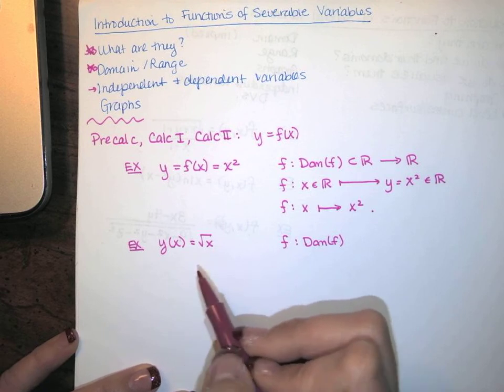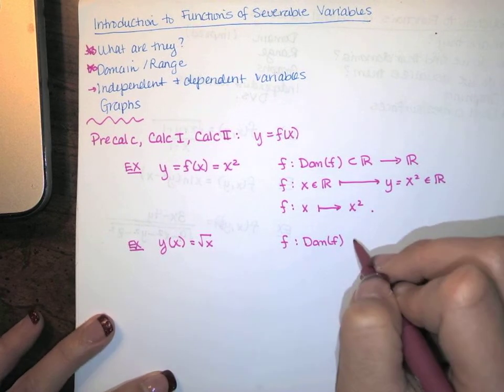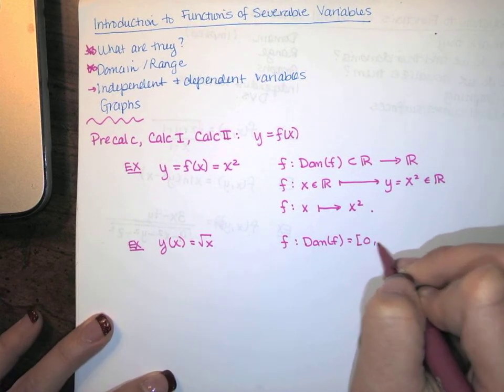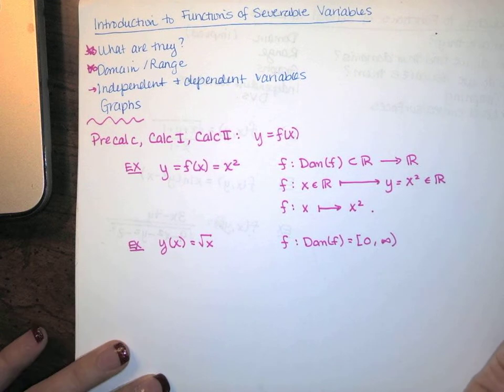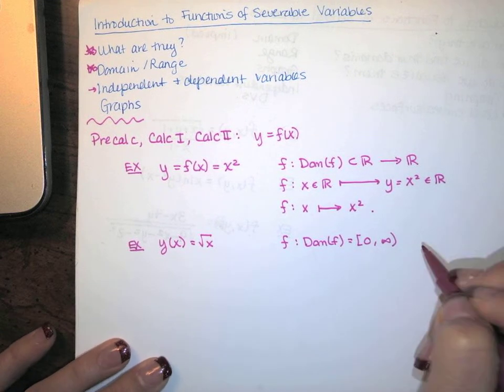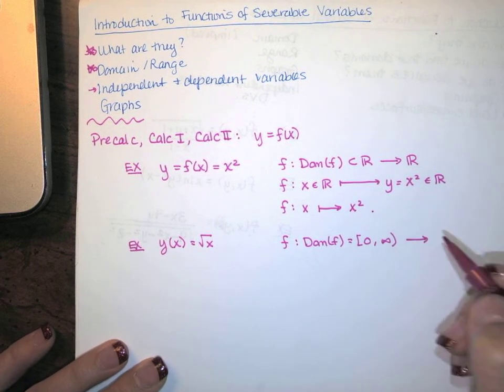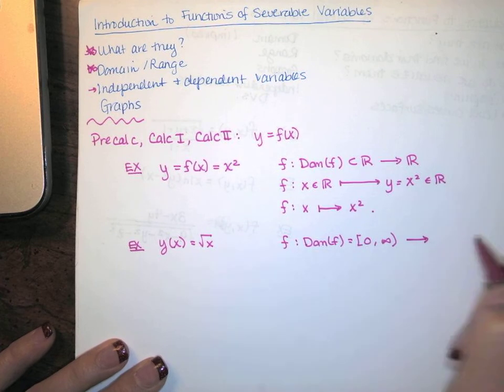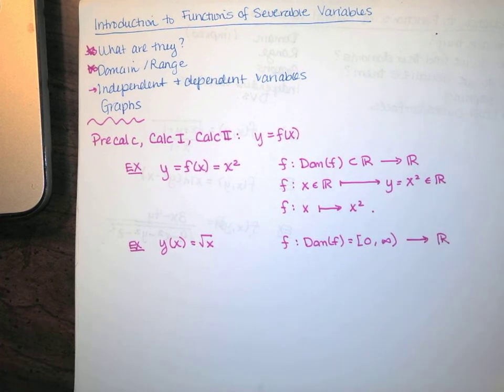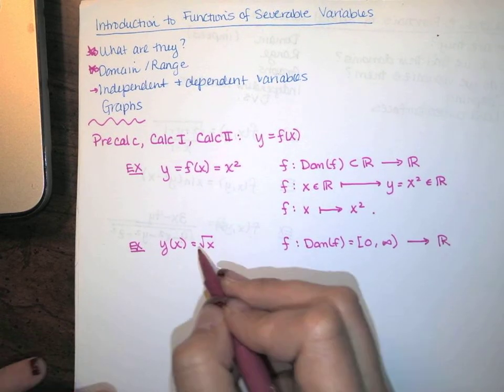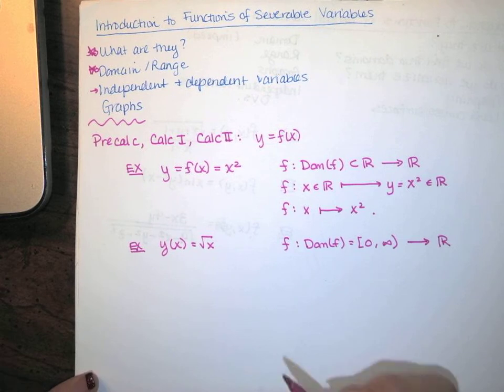We can take the square root of 0, we can take the square root of a positive number. So the domain is the set from 0 to infinity, including 0. And we took all of the numbers in that set and we mapped it to some real number over here. And it turned out that the range was also 0 to infinity on this one.